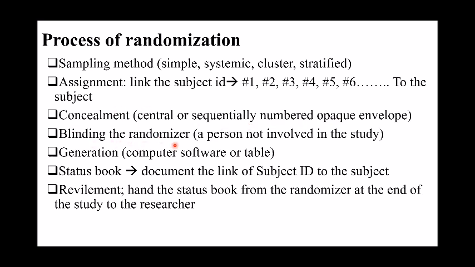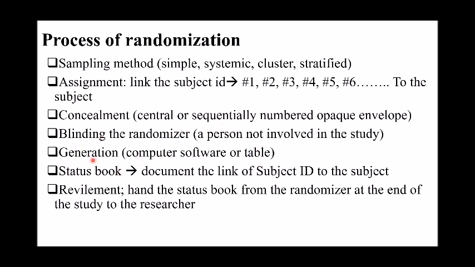And then you ask an individual not included in the study, using only the ID, not knowing the subject, to do the randomization. Randomization can be generated by computer software or using a certain randomization table.